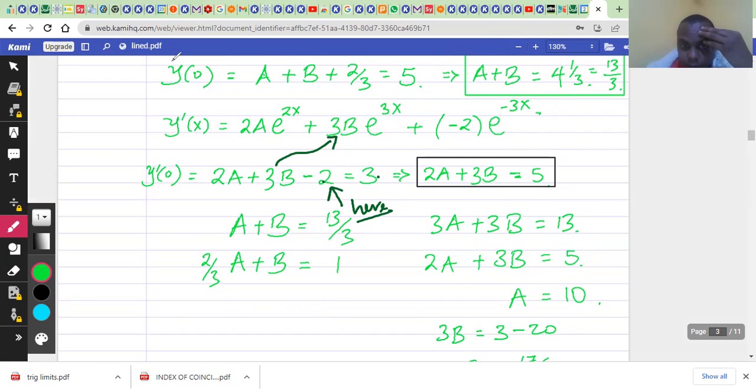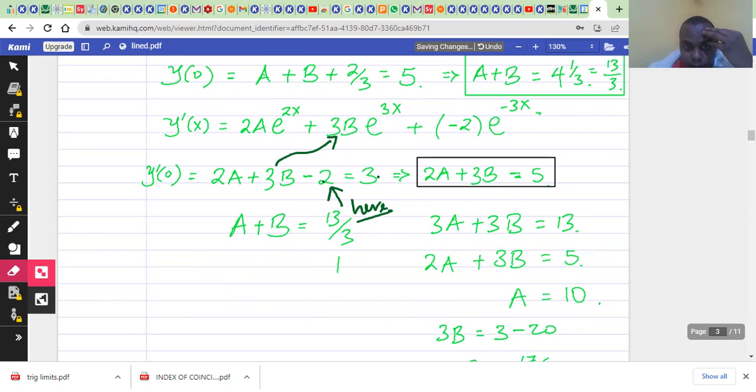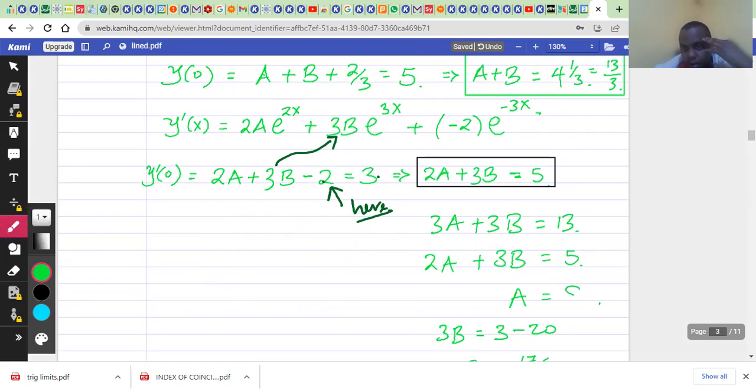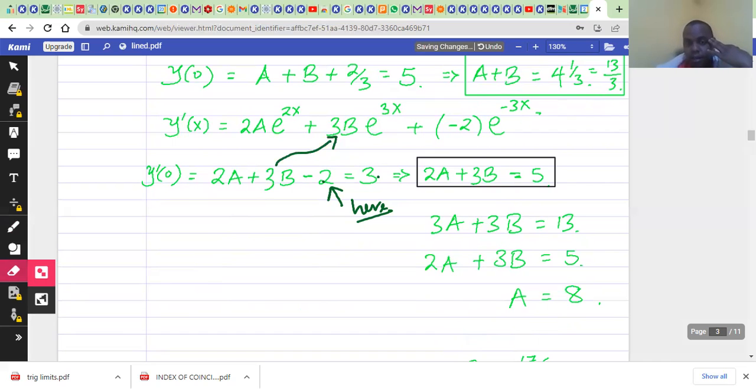So now we can have this off and try to resolve that equation again. If we try to solve it, if you do 3A minus 2A, you get A. 13 minus 5 is 8, right? And so A is 8.